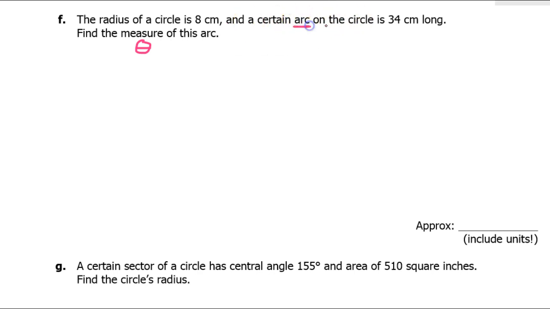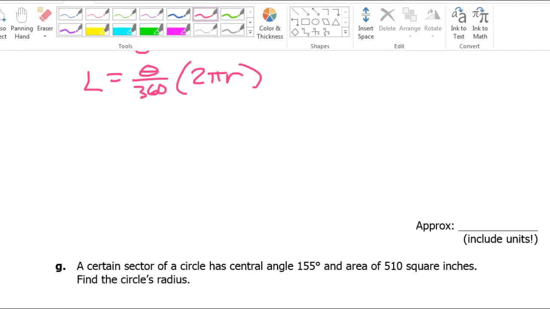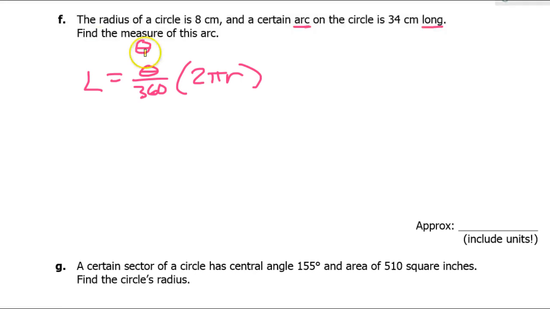Okay, arc length. So we need to start with the arc length formula. That formula is the arc length is some fraction of the length of the whole circle, which is the circumference, 2 pi r. We are told to find the measure of the arc, which is theta, so this is what we're looking for.